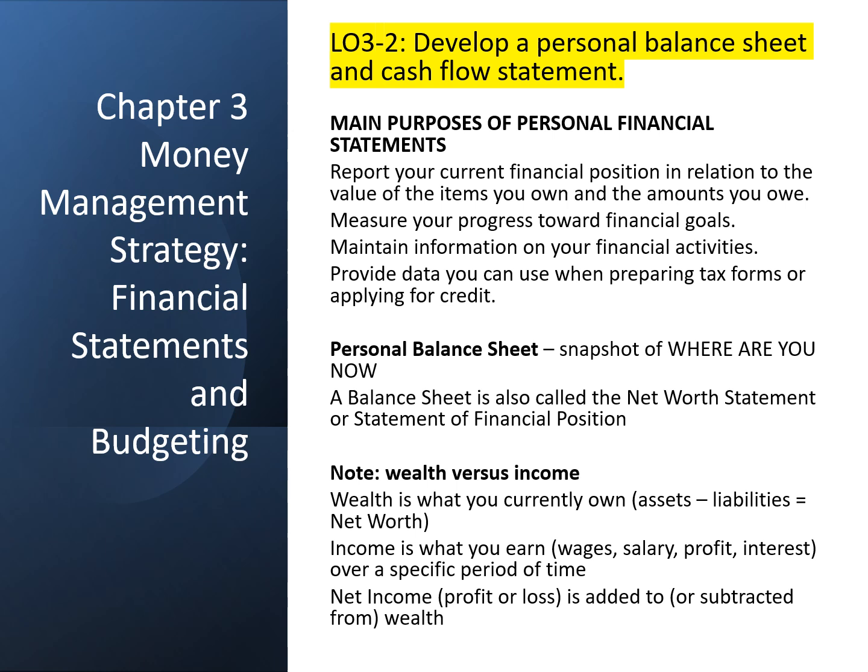So the asset would be the home, the liability would be how much you owe on the home, and the net worth is what's left over, again, that $40,000. Something to keep in mind is that when we talk about wealth versus income, wealth is what you currently own, your assets minus liabilities, a snapshot, whereas income is how much you earn over a period of time.